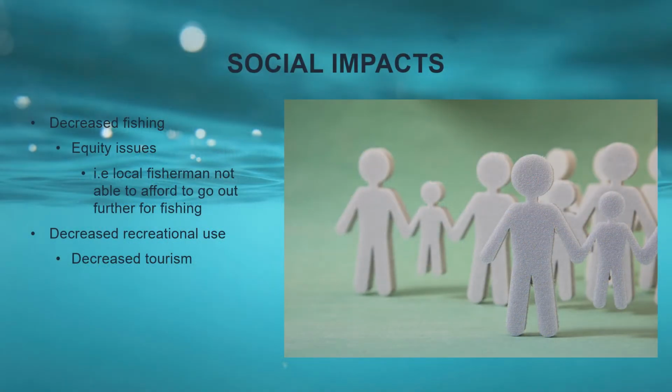Because of the environmental impacts, there are also social impacts that are experienced. There's decreased fishing in the area, which can cause equity issues. For example, local fishermen may not be able to afford to go out further for fishing as compared to commercial enterprises. There can be a decreased use of recreation and decreased tourism as a result.